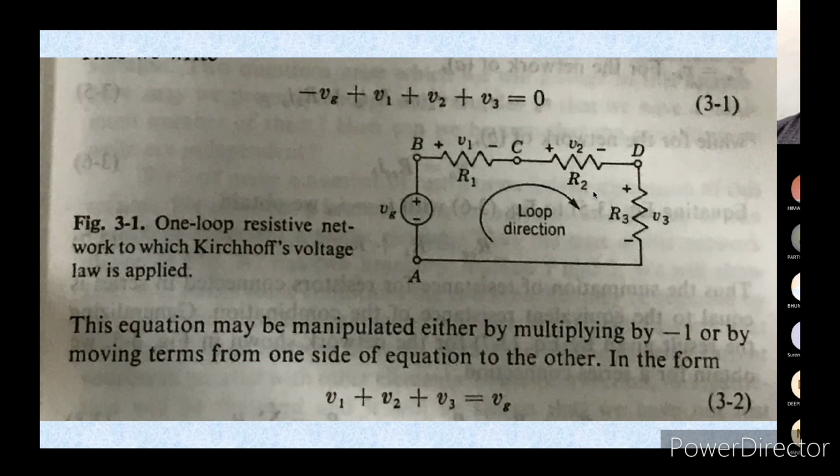So mostly in such circuits, where inductances, capacitances, and resistances are there, a second order differential equation comes as the equation for that particular loop or circuit. And when there are different nodes or loops and it is more complicated, more simultaneous first order or second order differential equations will come.